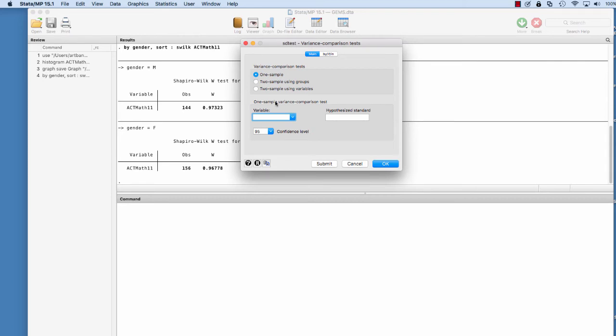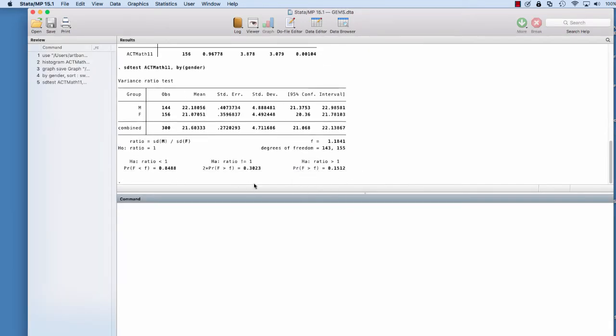And again, we're using a two-sample or independent samples test, and the variable that we're comparing groups on is the math 11th grade ACT, and we're using gender. And so then we can submit that, and we can see that there's 144 males, 156 females.